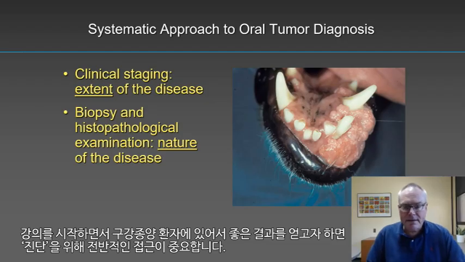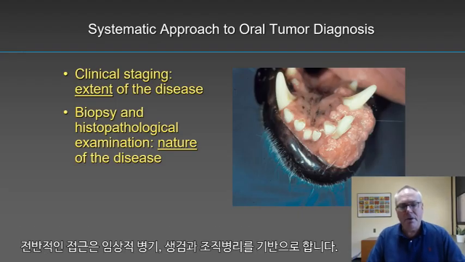Before we get to that, I would like to emphasize that a systematic approach to oral tumor diagnosis is essential in order to secure a favorable outcome. A systematic approach is based on clinical staging, which gives you the extent of the disease, and a biopsy, which gives you the nature of the disease.